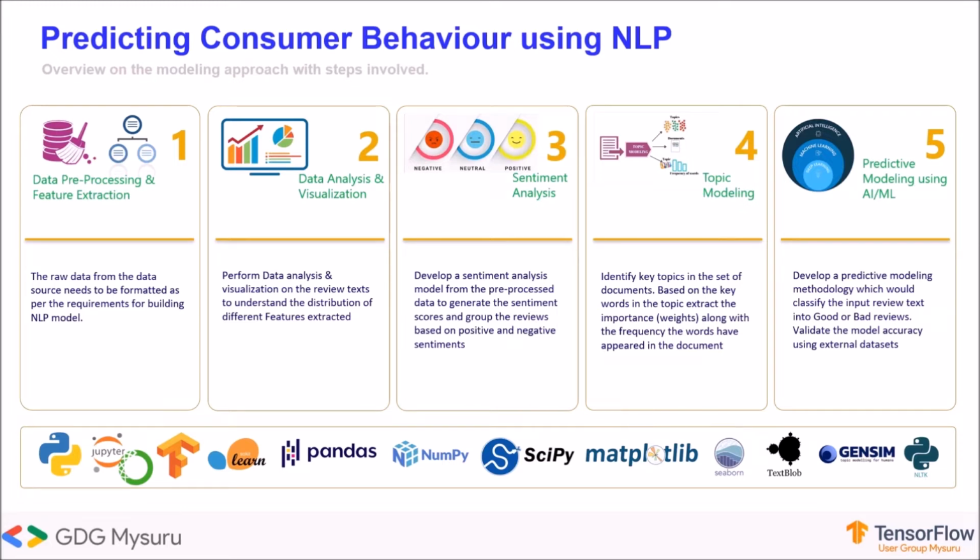Now, this slide explains most of these steps, and let me walk you through the modeling approach with the steps involved. These steps will be explained in detail later, and we'll have an overview in this slide. So there are mainly five steps, the first of which is data pre-processing and feature extraction.